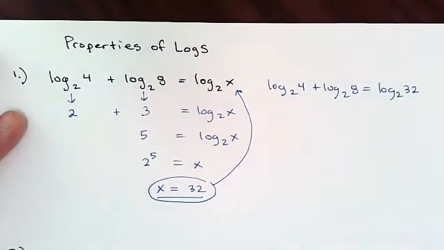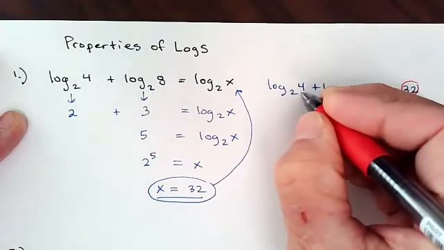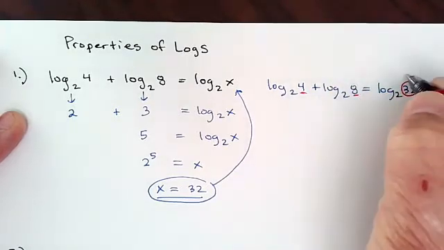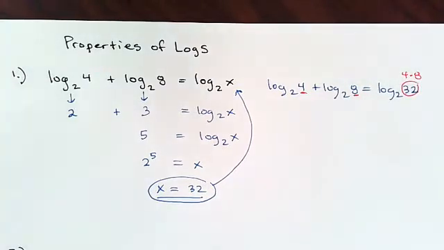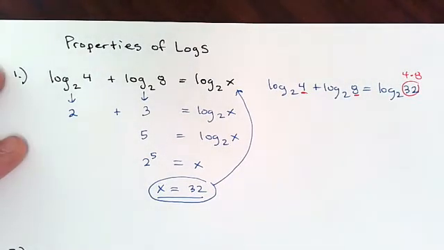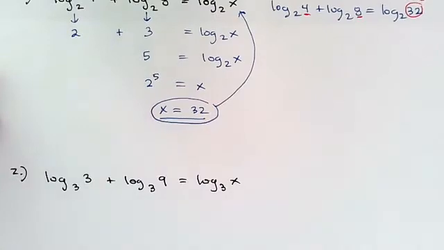Now, what's interesting about that is 32 just happens to be the product of these two numbers, right? That is 4 times 8. Could be a coincidence, right? Maybe that's just something that happened on this problem, but let's see what happens on this next one.